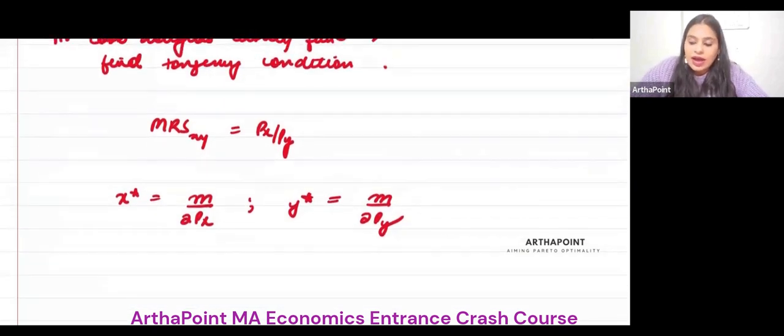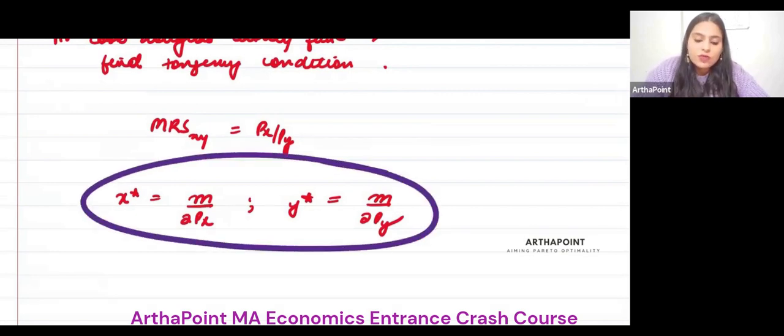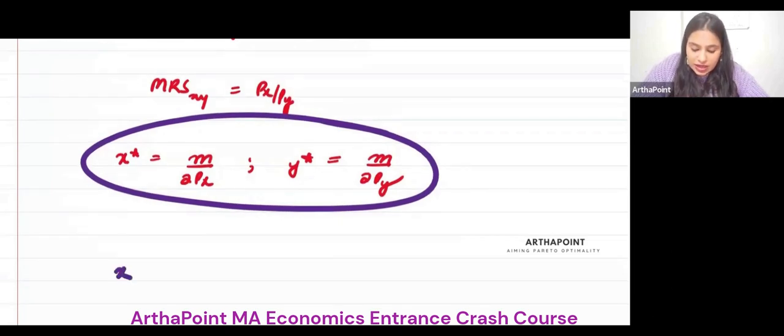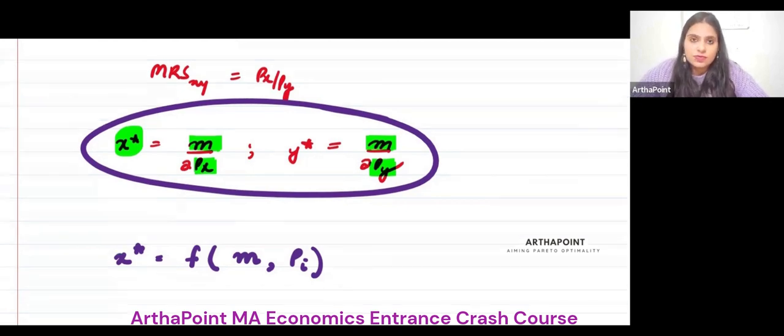Now, I am going to go ahead and give an official name to this. If you notice, the equilibrium that you are getting is a function of the income of the consumer and the prices of the goods, isn't it? The equilibrium is a function, because this can be determined if I know income and prices. So the equilibrium is a function of the income of the individual and the prices of the goods.